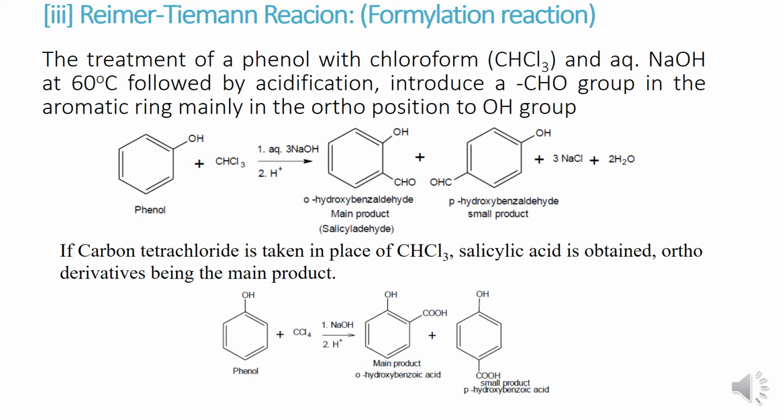Suppose if we use CHCl3, aldehydes are the main product. Carbon tetrachloride gives acids, chloroform gives aldehydes. Remember, both are Reimer-Tiemann reactions only. Reimer-Tiemann is especially called a formylation reaction.